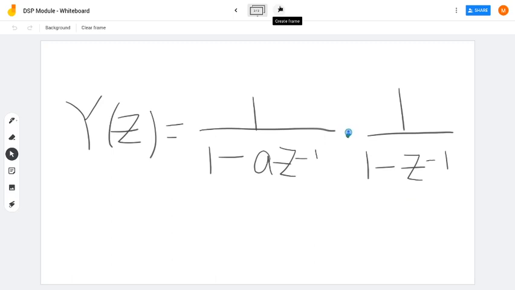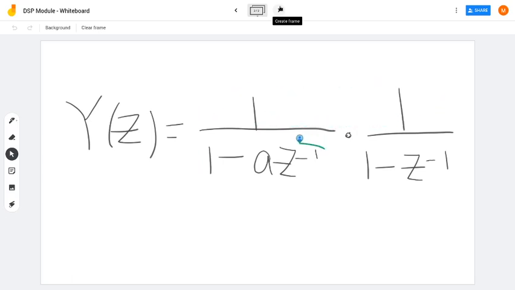So in order to find y of n, we need to do the inverse Z transform. We are going to do partial fraction. Why is that? Because y of z here is a rational function, a ratio between two polynomials. Here in the numerator we have a polynomial of order 0, there is no z, and in the denominator we have a polynomial of order 2.